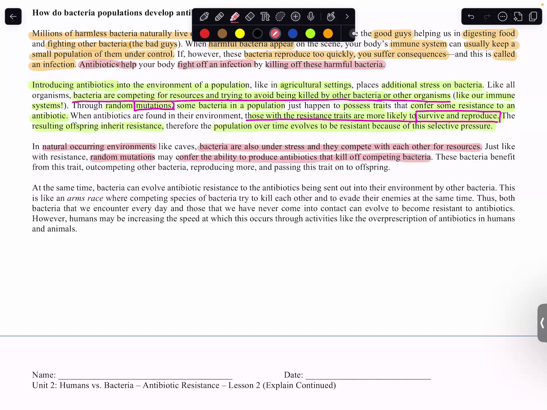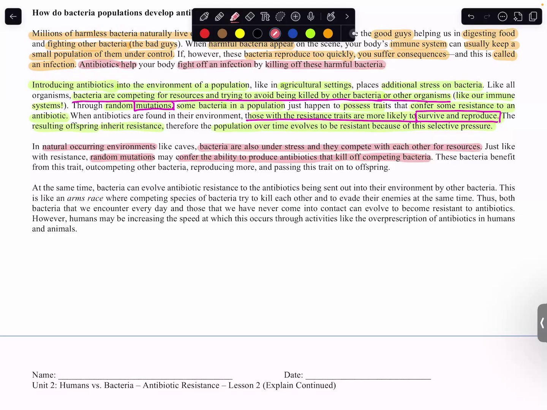So this is really interesting. What they're basically saying is many strains of bacteria possess the ability to produce their own antibiotic that kills off other competing bacteria that try to outcompete them for resources. That's really incredible, guys.